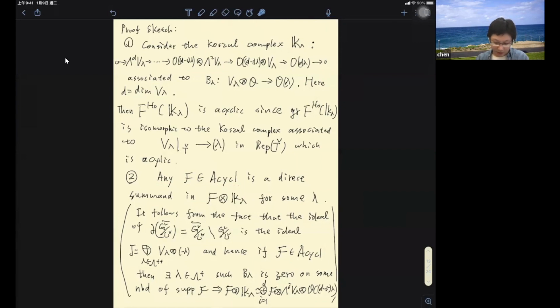The second fact basically follows from this: if I have a complex whose cohomology is supported on the boundary, then B_lambda will be 0 on the support of F for some lambda. Therefore, our Koszul complex becomes a trivial complex. The differential is 0, and the tensor product is just a direct sum like this. Then you're done. Okay, so this is a sketch of the proof of this claim.